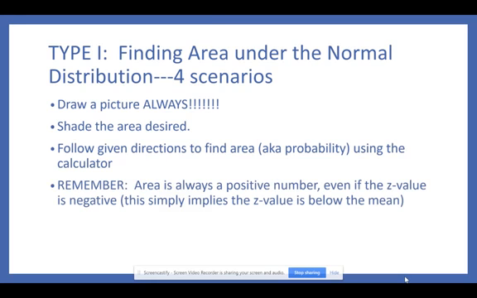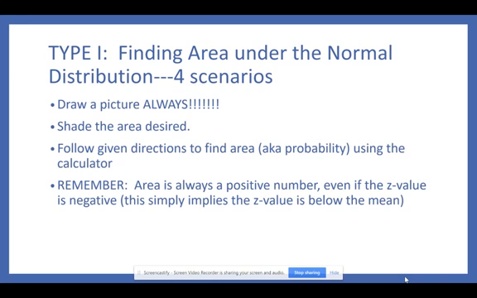One of the things that sometimes confuses students, but it's actually a good thing to remember, especially when you're dealing with type 1 questions, is that your answer is ultimately a probability, an area, or a percentage. And whether it's percentage, area, or probability, we know that it's got to be a positive number.